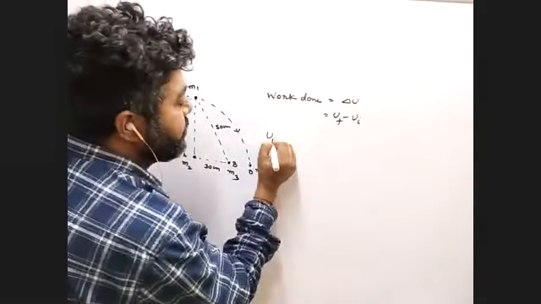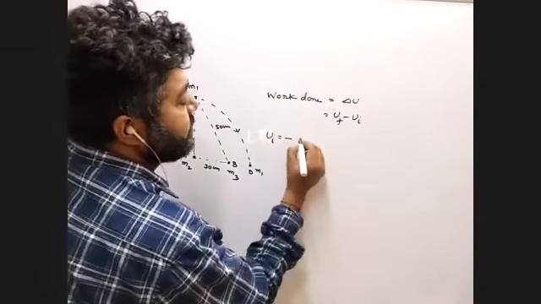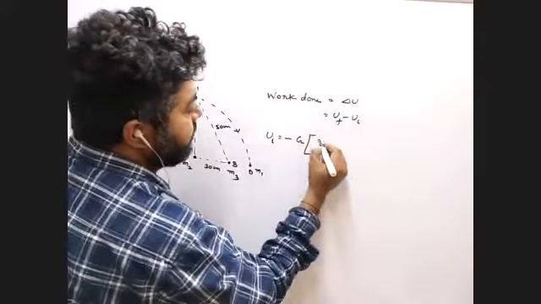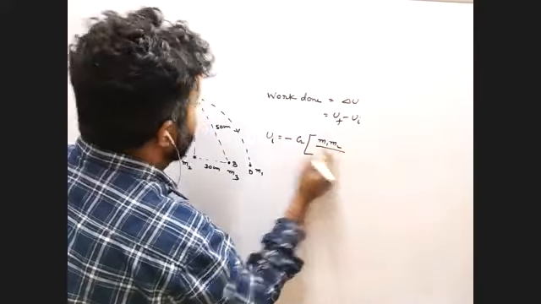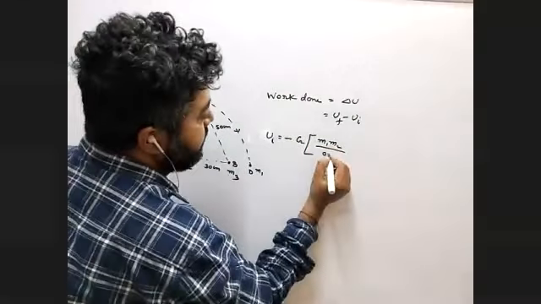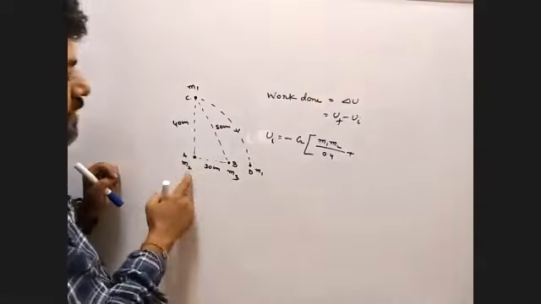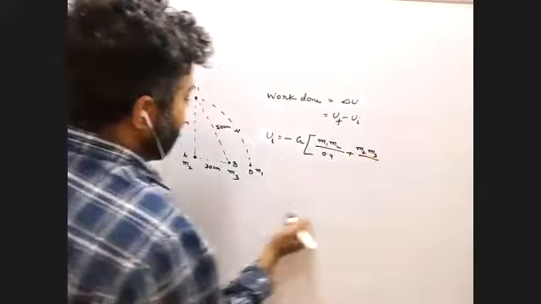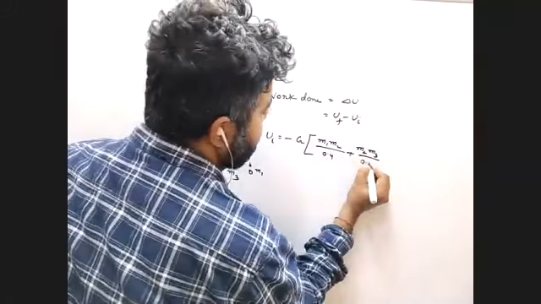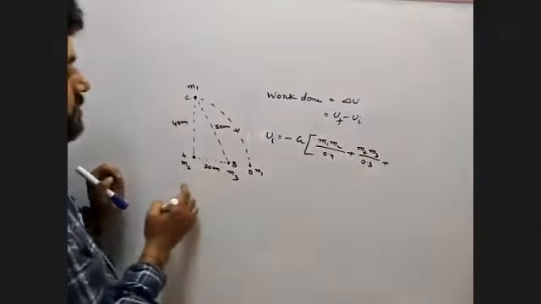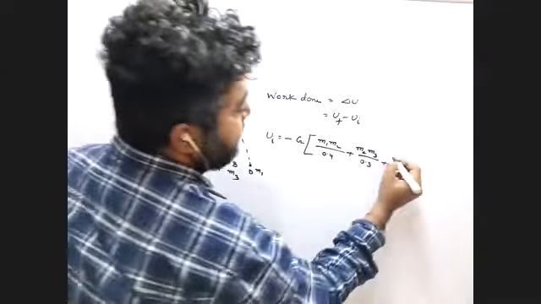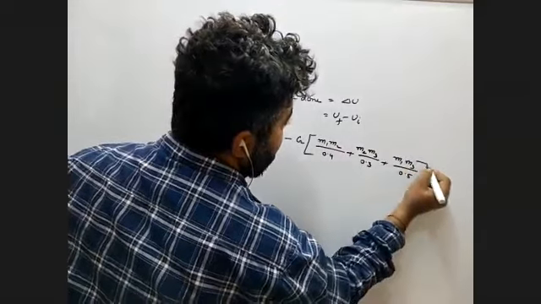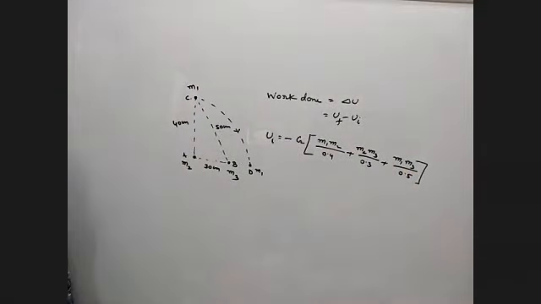Your U initial is minus G, if you take common for these two particles M1, M2, by the distance 0.4, M2, M3, the distance is 0.3, and between M1 and M3, the distance is 0.5. Is it clear, everyone? You all understand that part?